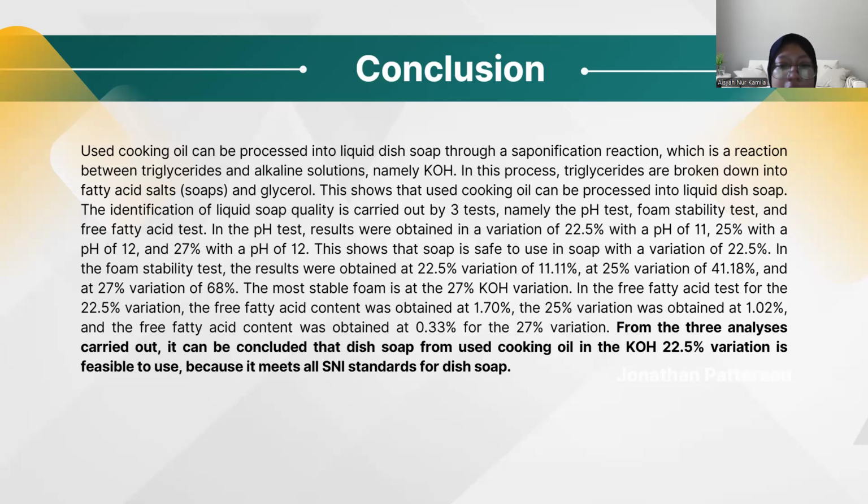In the free fatty acid test for the 22.5% variation, the free fatty acid content was obtained at 1.7%, and the 25% variation was obtained at 1.02%, and the free fatty acid content was obtained at 0.33% for the 27% variation.